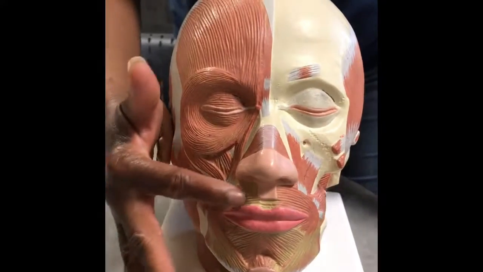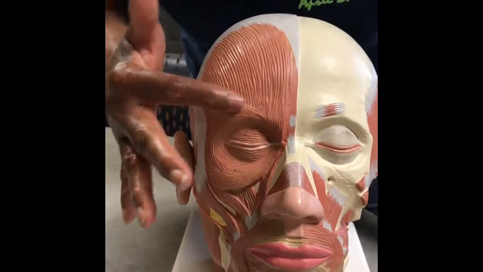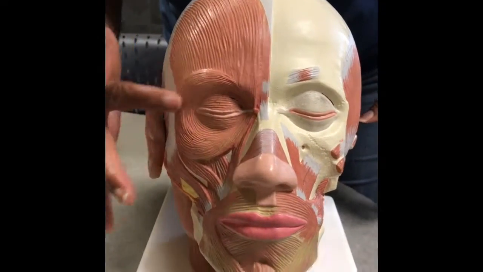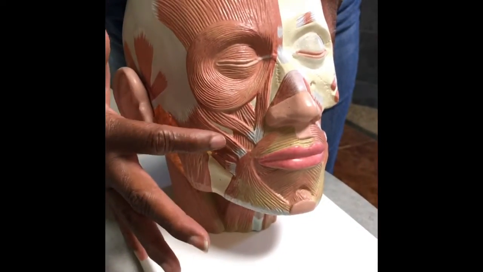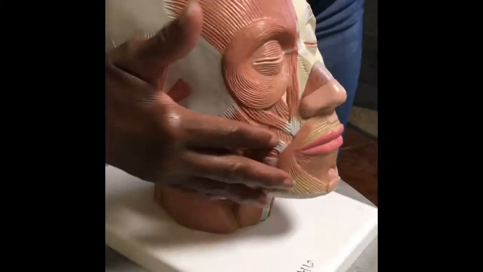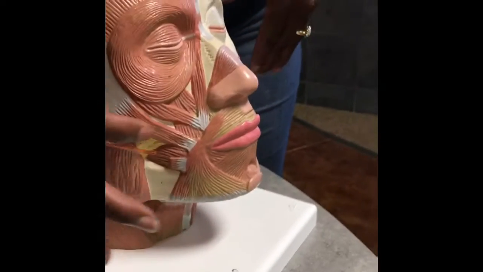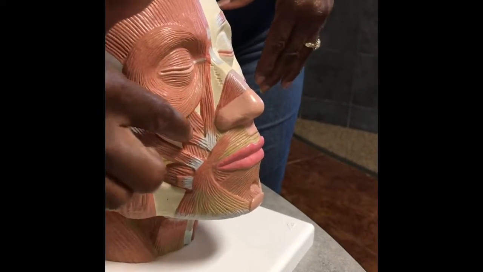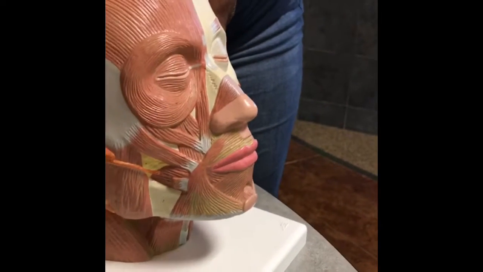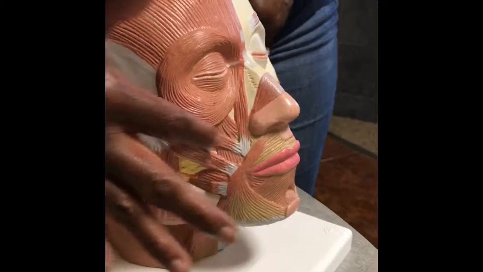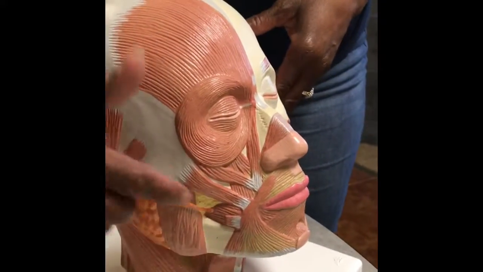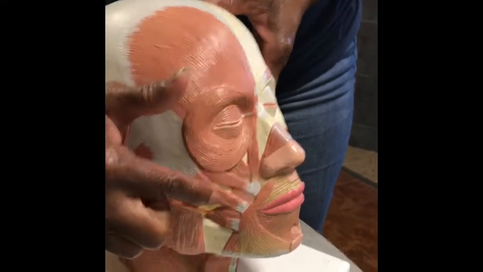And the orbicularis oculi, this is the eye part here. The zygomatic minor is the lower part. This is the zygomatic minor, and this is the zygomatic major, the top part here. This is the minor, I'm sorry. This is the zygomatic minor, and this is the zygomatic major.